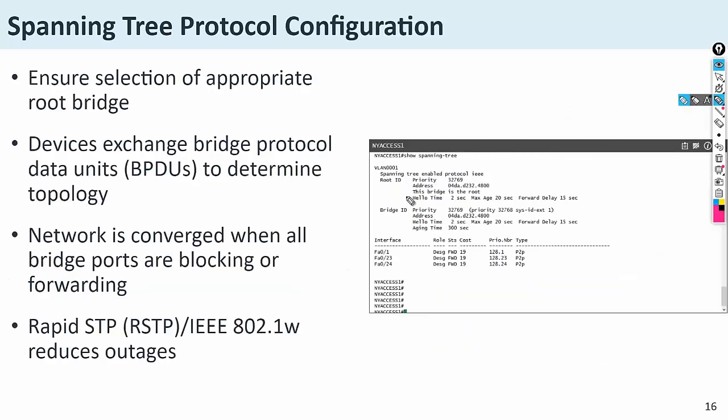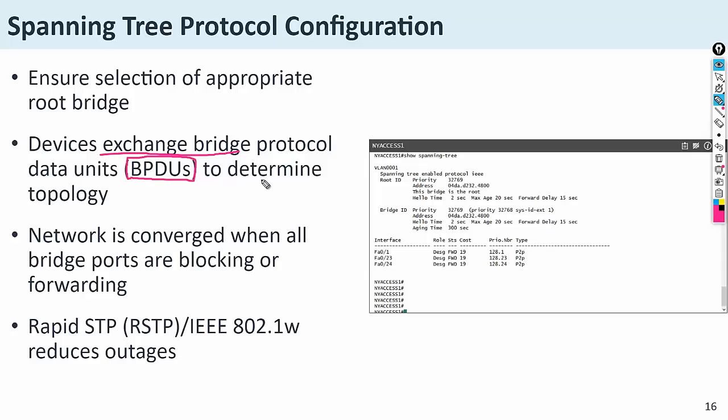There is a bridge ID, carried in BPDU, Bridge Protocol Data Units. They will exchange their bridge IDs. On the basis of exchanging their bridge IDs, they will identify who will be the root.